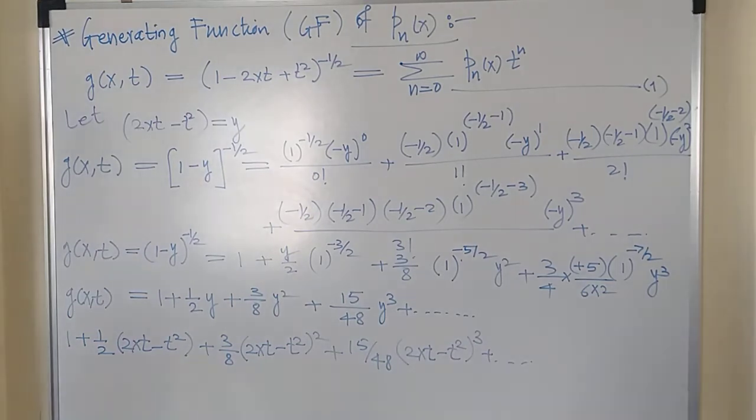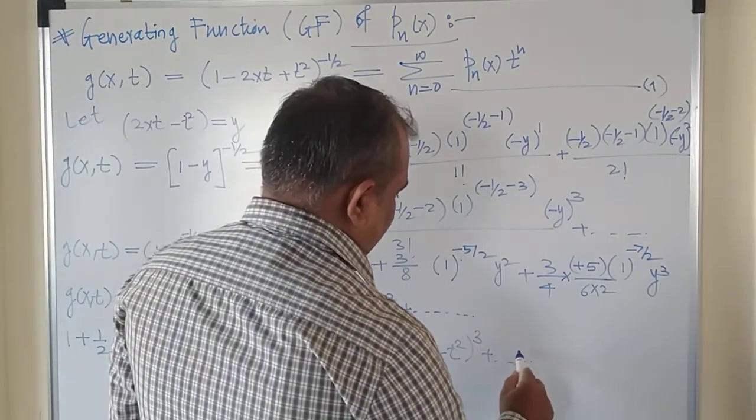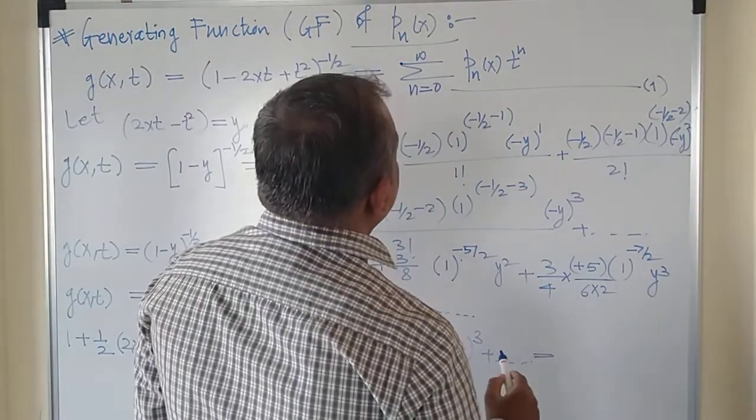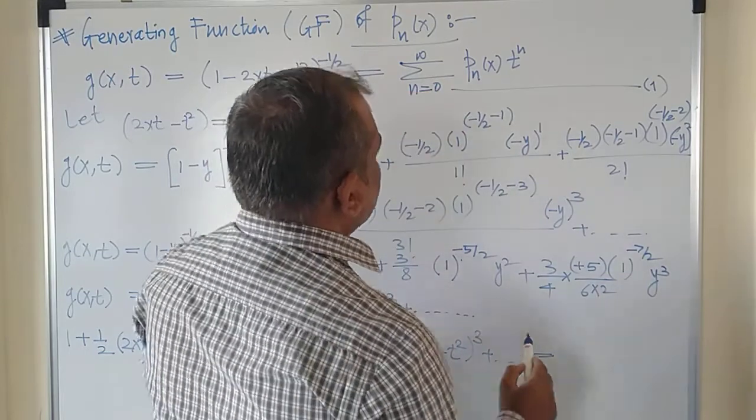So you got this one, and in the next step let me write the right hand side also. Your right hand side will be equal to, put the values of n equals 0, 1.